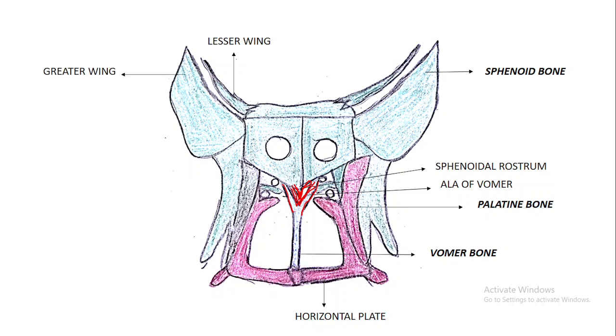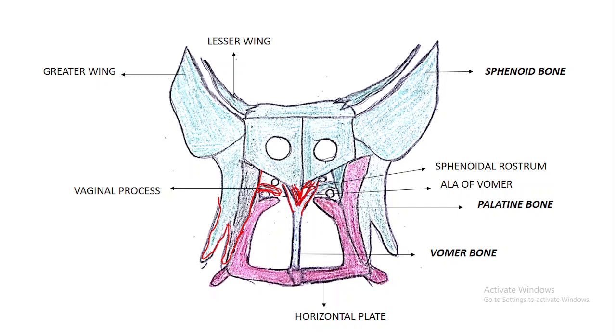As we all know, this is the lesser wing of sphenoid, and the greater wing. Now this process coming out from the pterygoid process: this is the medial pterygoid plate and this is the lateral pterygoid plate. The upper end of the medial pterygoid plate has a process called the vaginal process of medial pterygoid plate, or vaginal process of sphenoidal bone.